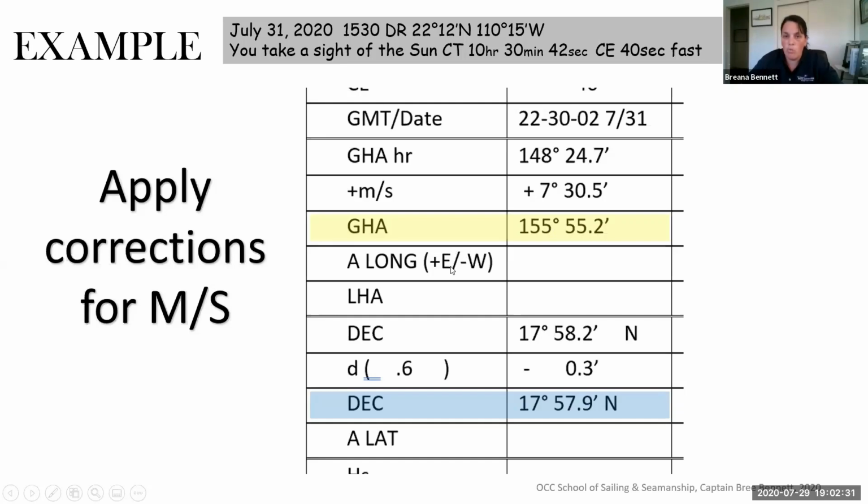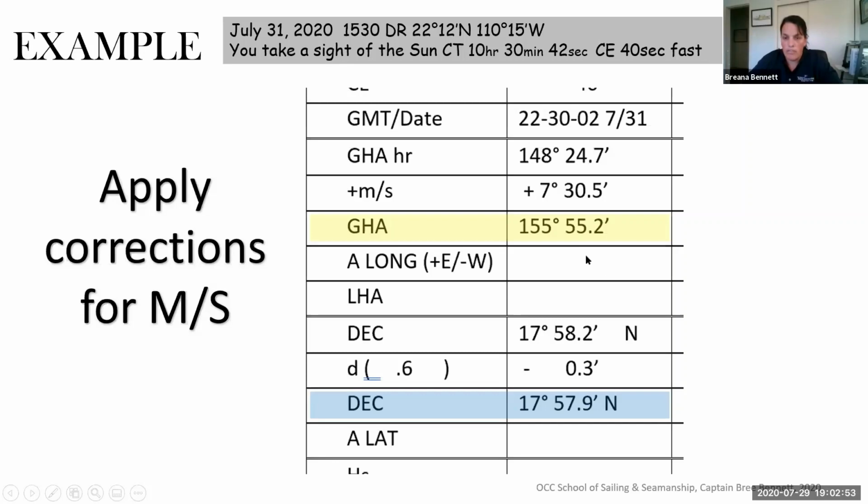I know I'm in the Western Hemisphere because of my DR. My DR up here is 110.15 degrees west. Because I'm subtracting and I want this as a whole degree, I'm going to automatically put in 55.2 minutes.